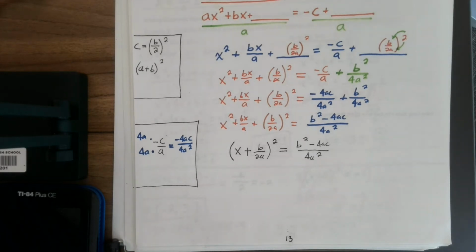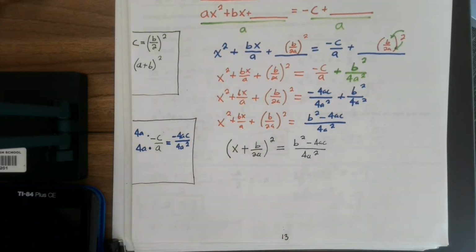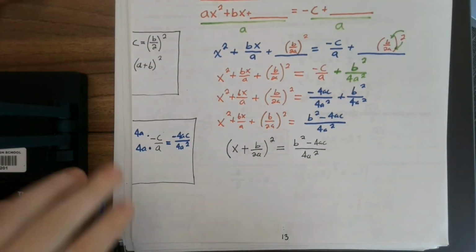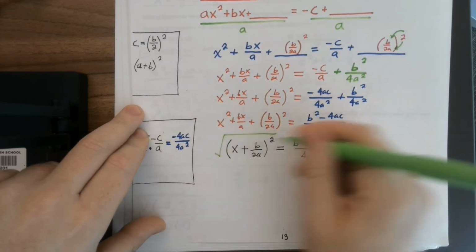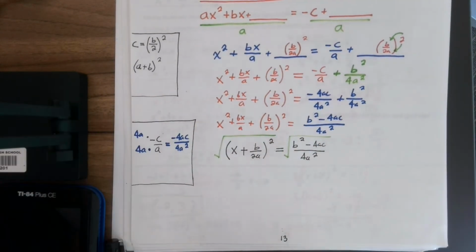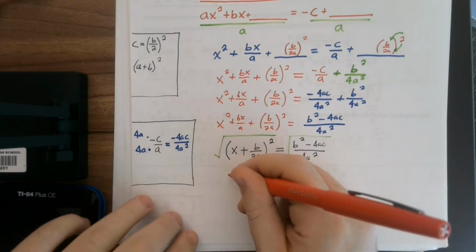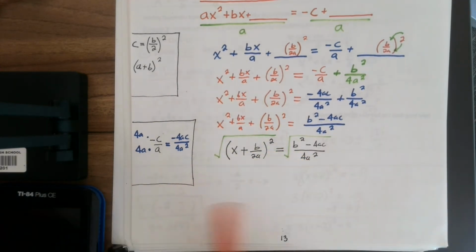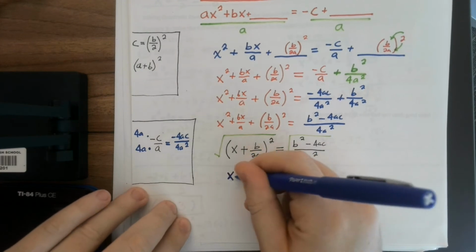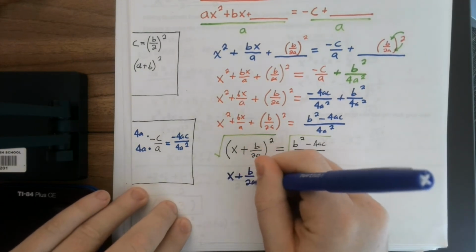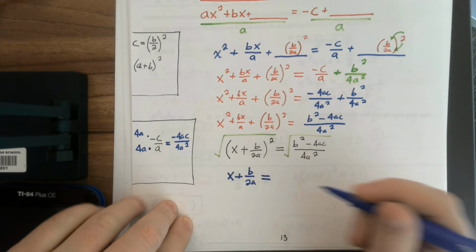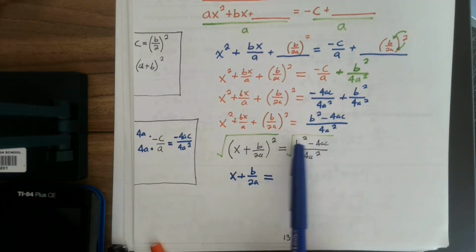Because what step can we start to do to unravel this left side? To get rid of a square, we can square root both sides. Okay, the square root of x plus b over 2a squared is just whatever's inside of the parentheses. So it's just going to be x plus b over 2a equals the square root of b squared minus 4ac cannot be simplified.